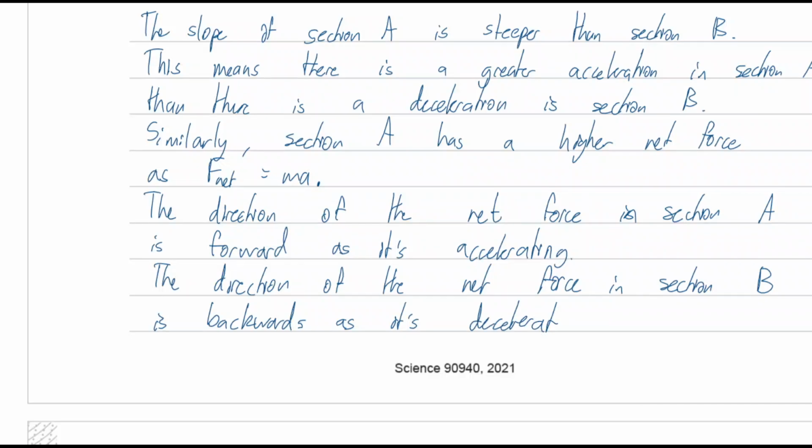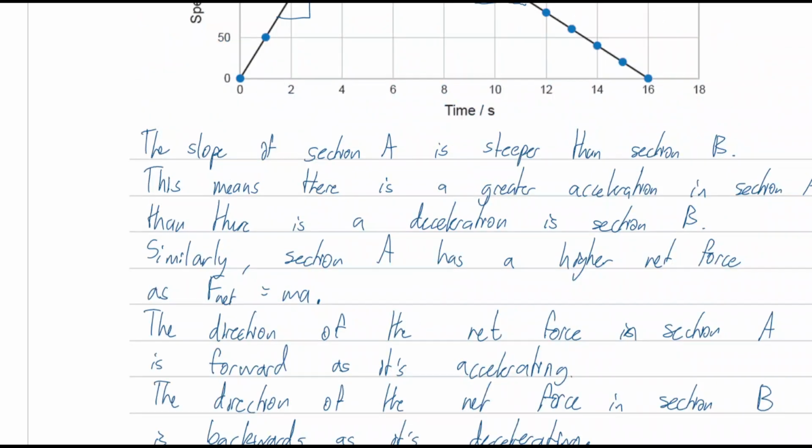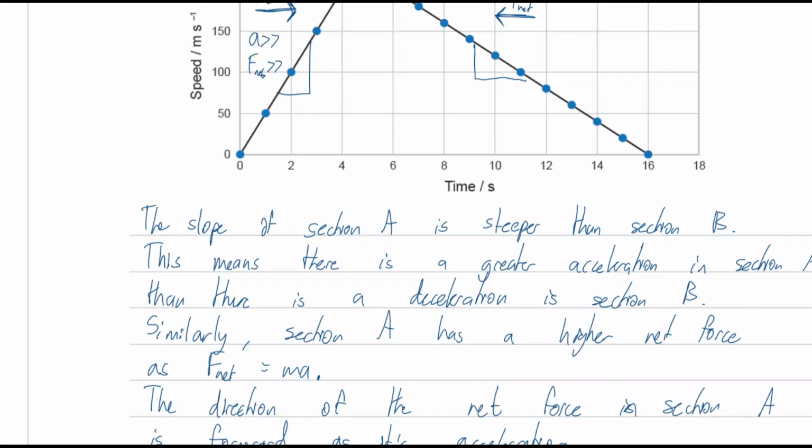Full stop. Whew. So just to summarize that, we talked about the slope, right? The gradient of the speed time graph and how that relates to acceleration. We then link that to the net force, right? Because net force is equal to mass times acceleration, we know that section A will have a greater size of its net force.